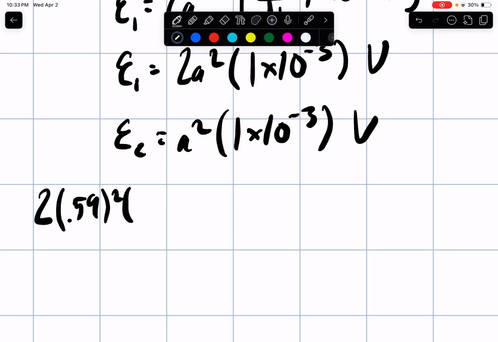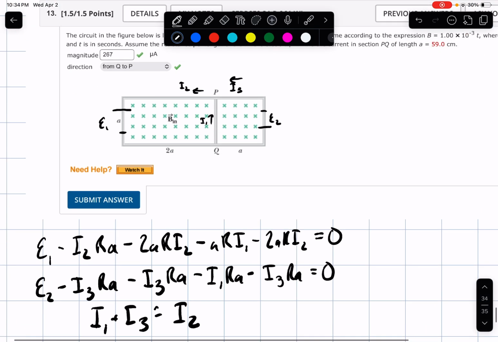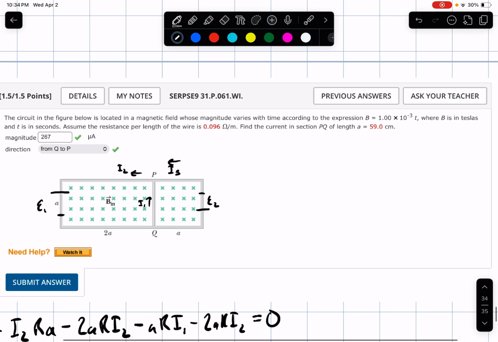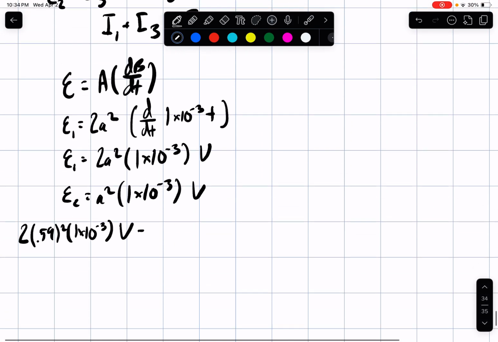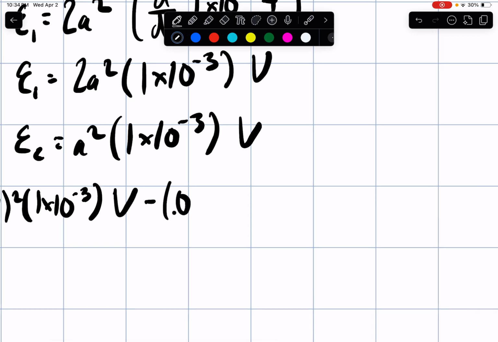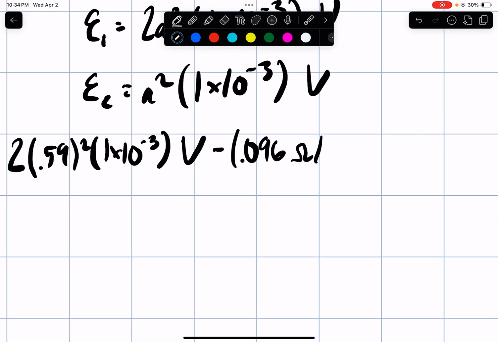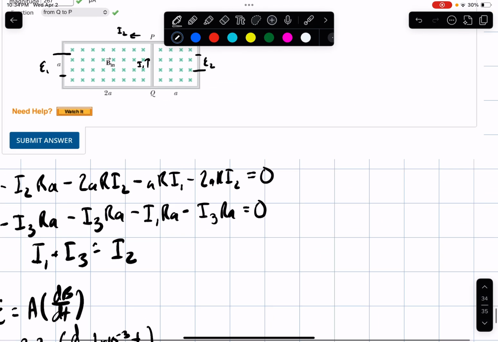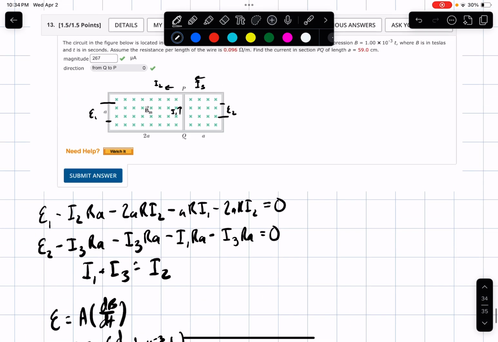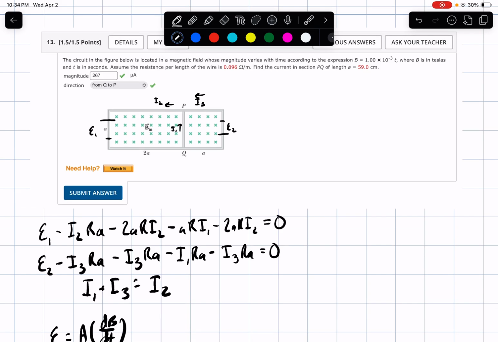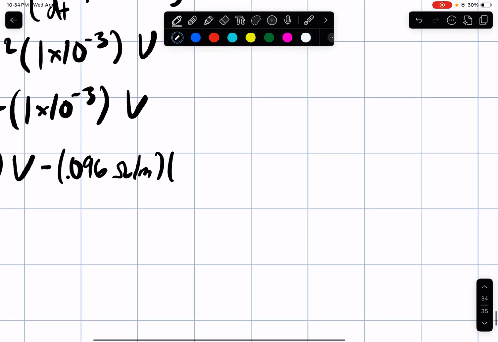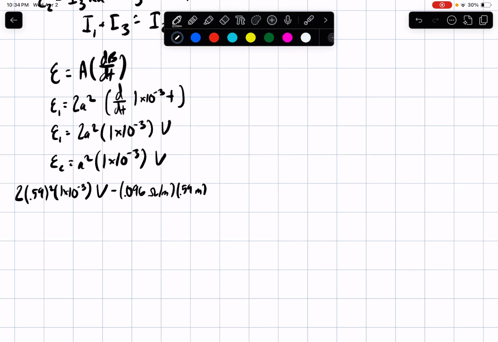Minus I2, which you're trying to figure out, but you have your R and your A: 0.096 ohms per meter, times length A, 0.59 meters, times I2.